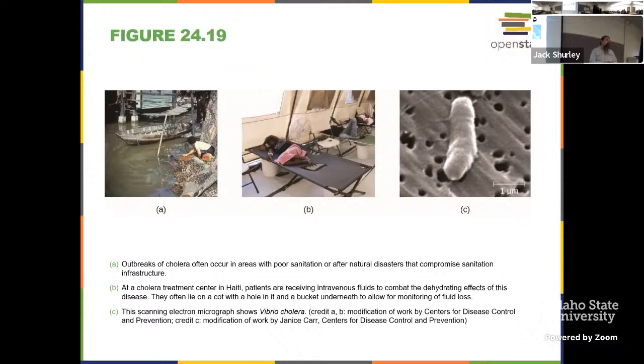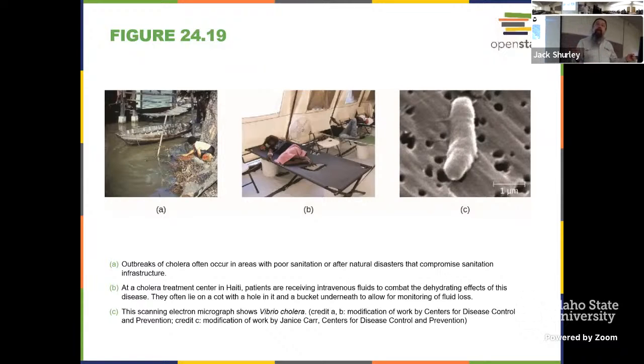Huge volumes can be lost in a day, all right? And that 5-gallon bucket in a severe case of cholera, in a single day, an individual can defecate that much fluid into the bucket, basically topping that sucker off. And if you think having 5 gallons of diarrhea isn't going to kill you, I think you're sorely mistaken, all right?